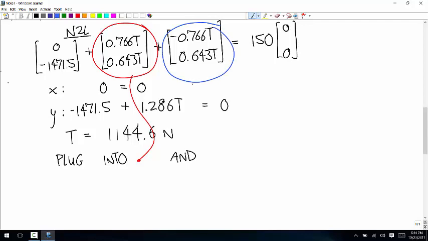And then those are the two force vectors. I guess I skipped one step. So I added 1471.5 to both sides, and then I divided both sides by 1.286. Any other questions about that?